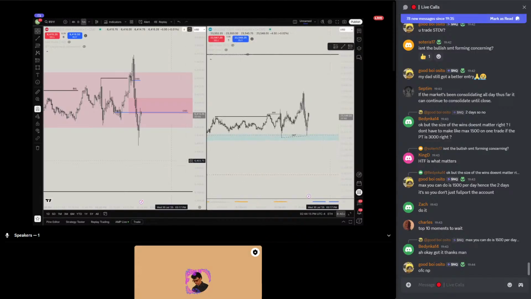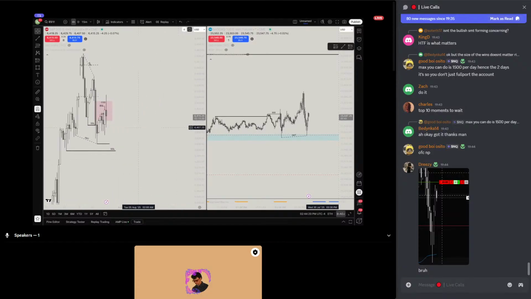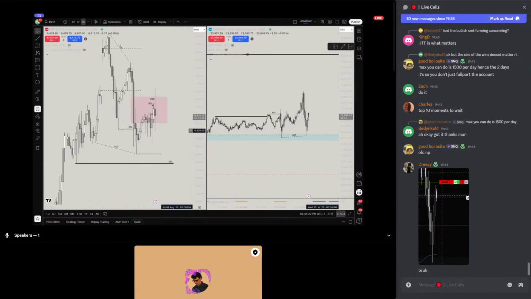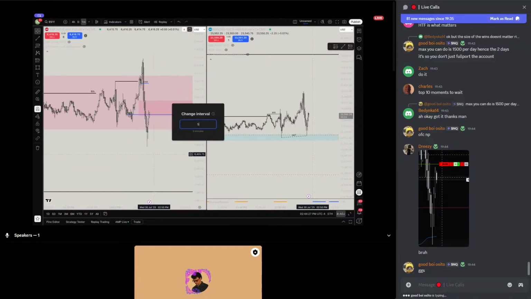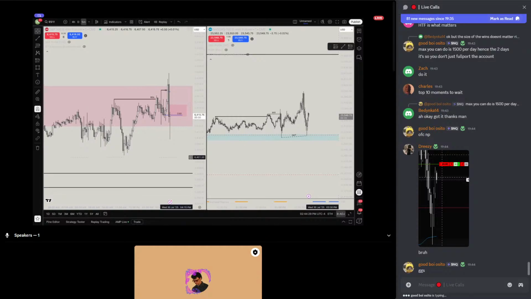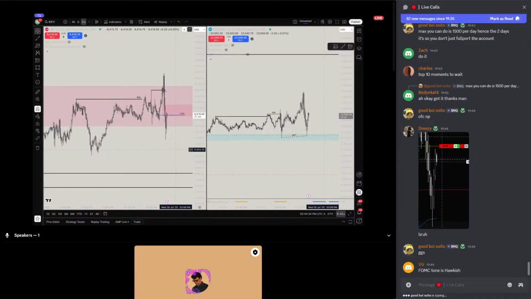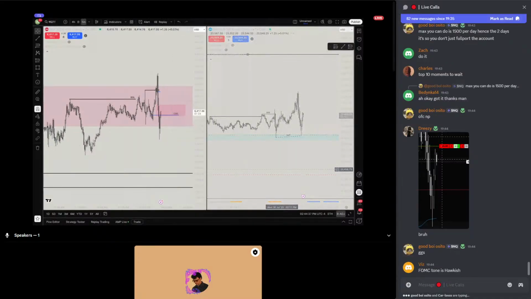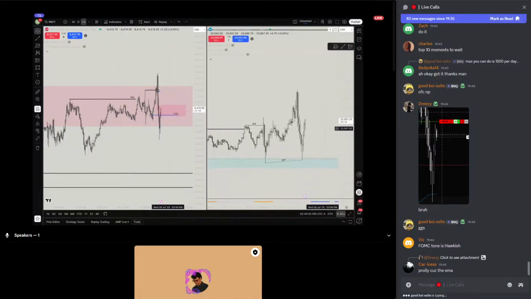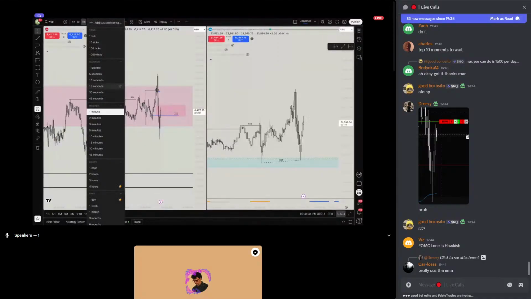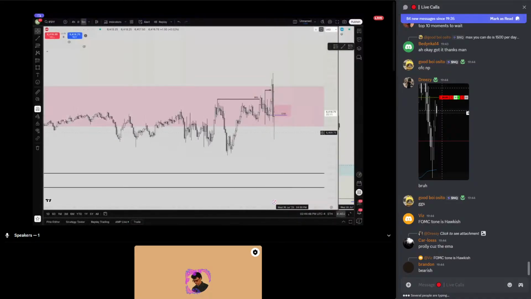What the shit is this? My trading view crashed or something.